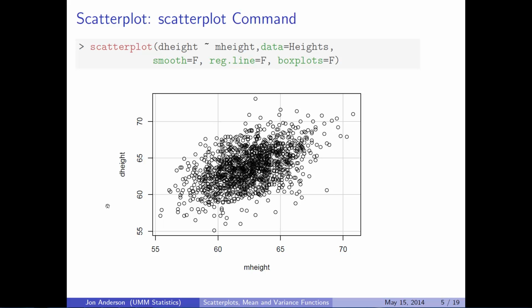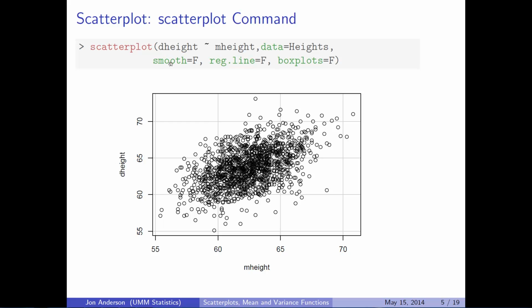Here is another command that is going to be used in our class for producing scatter plots, and this is the scatterplot command, and it's structured very similarly. Daughter's height, the y variable, the response variable, is first, and then we use the x variable, mheight, for the other axis.